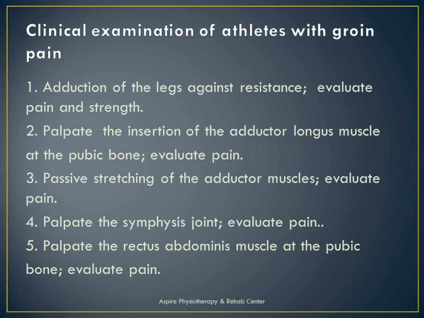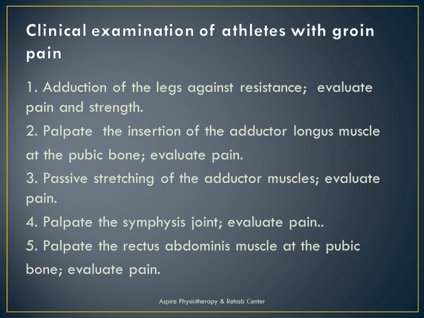Now we will start with the clinical examination. I can't go into detail on all the assessments, so I will start with a few clinical assessments. This is the Holmich approach. Now first, what you can do is adduction of the legs against resistance and evaluate pain and strength. It's a normal adductor resistance test.